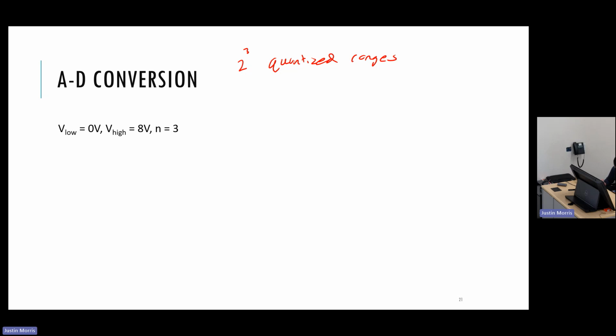So that means that I can calculate this delta, which I'm going to define as my sub-interval size. It's going to be V high minus V low, divided by my number of combinations, right?